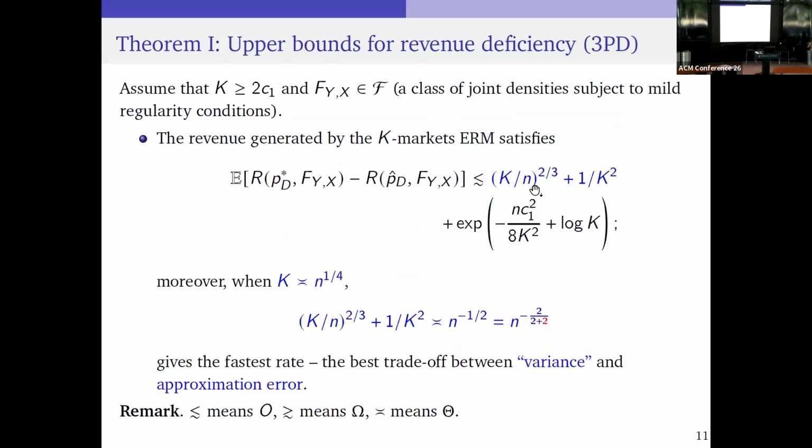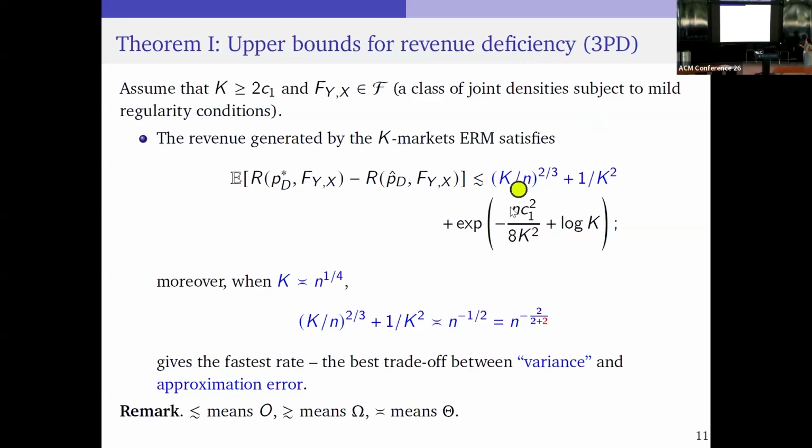But I think the most important things are the first two terms, where the first is kind of like a variance term, and the second one is an approximation error. The fact that you're dividing the interval into K markets instead of charging everybody at their observed X value incurs an approximation error from discretization.